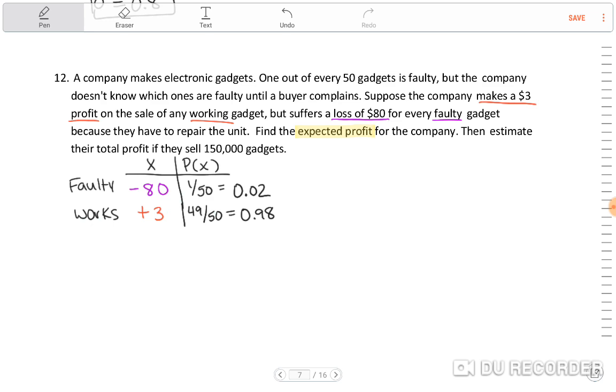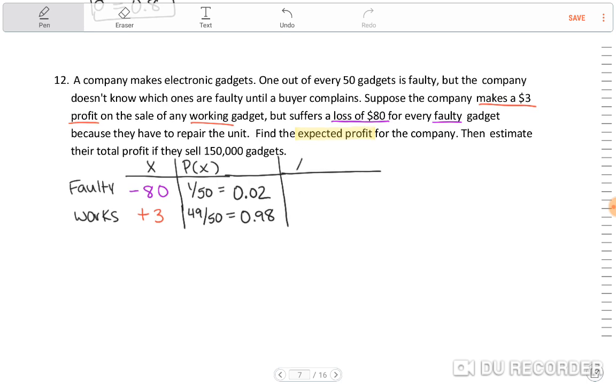So when we're looking for the expected value, you could put this in your calculator like we did in that last problem, but there are only a couple of things to multiply. So I'm going to use our formula here and multiply x times p of x. Negative 80 times 0.02 is negative 1.6.